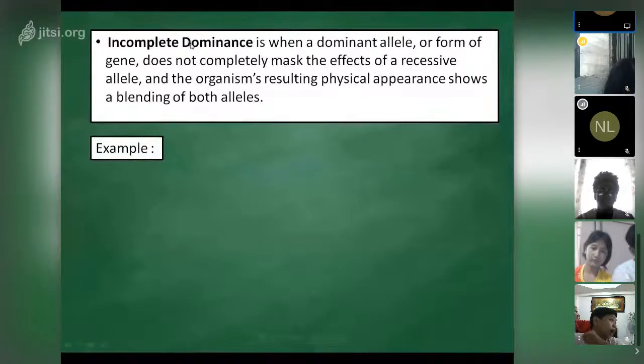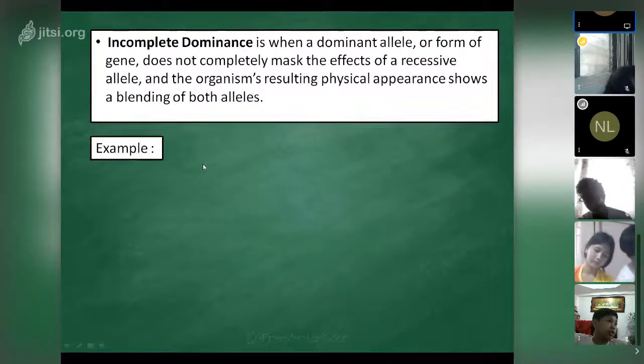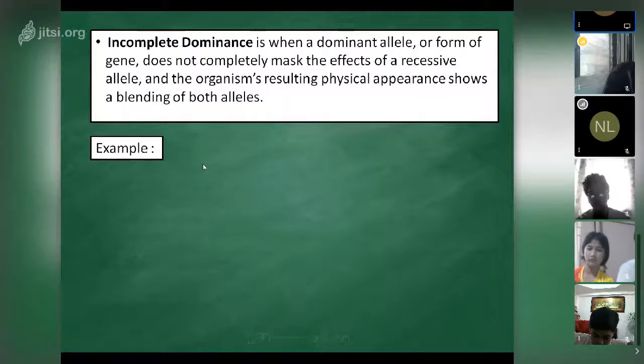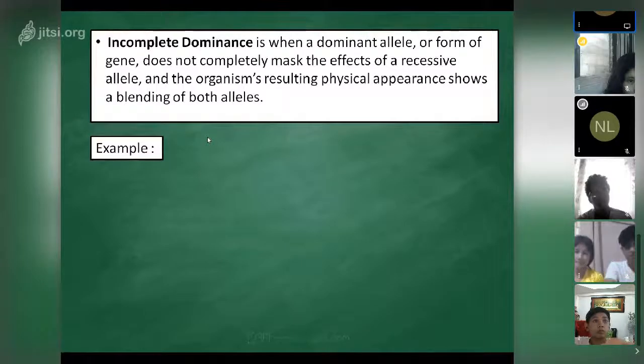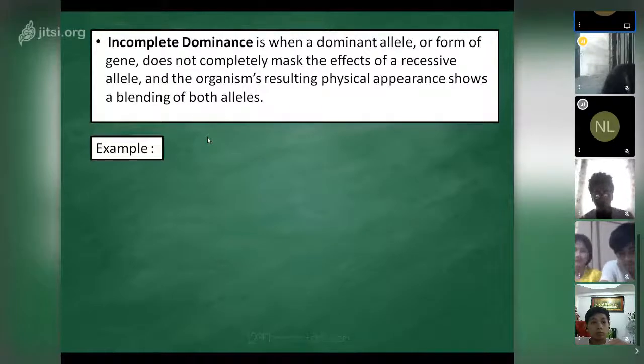In other words, class, when there is one dominant allele, for example, a red flower and a white flower, and the red flower is dominant. In incomplete dominance, the red cannot completely mask the white flower. In Mendelian inheritance, if the dominant red mixes with white, you would see only red as the result. But in incomplete dominance, red cannot completely dominate white.